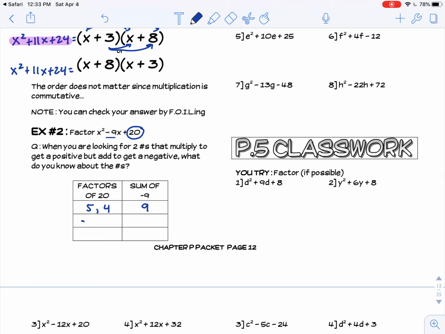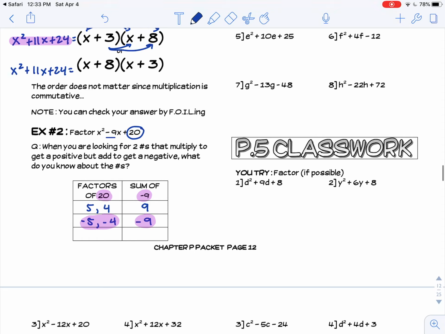That doesn't work. I can do -5 and -4. -5 times -4 is -20. Sorry. -5 times -4 is +20. And the sum of those two is -9, which would work.